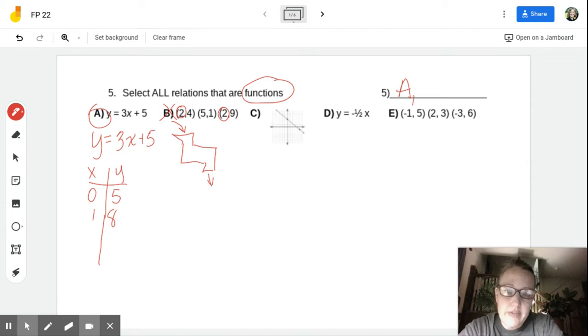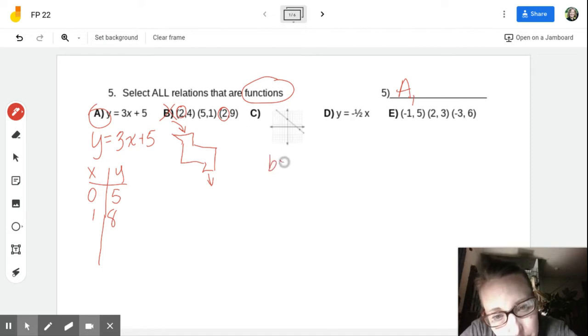For this graph, it's a linear function, right? Just like letter A, it makes a line. If I could zoom in, it looks like the b might be 4. And the m, that's going to be hard.